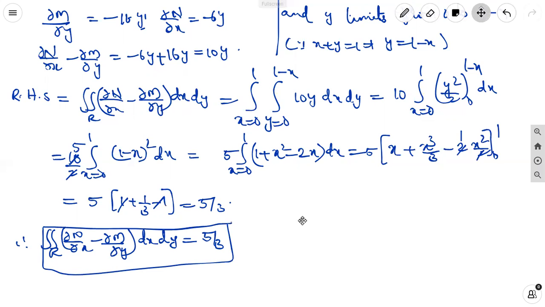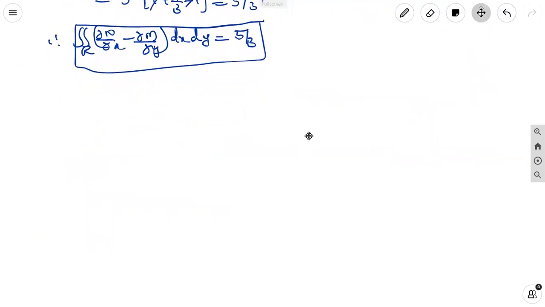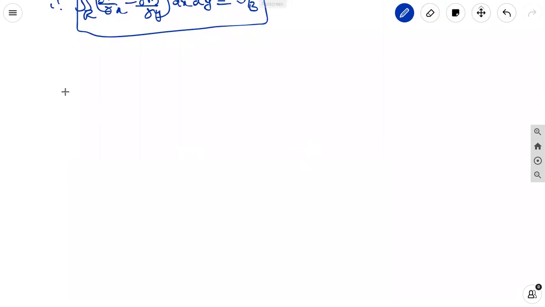Next we can calculate the LHS. For that, we take the integral over C1. Here we take O, A, B: O is the origin, A is (1, 0) where y equals 0, x equals 0 is the other side, and x plus y equals 1.